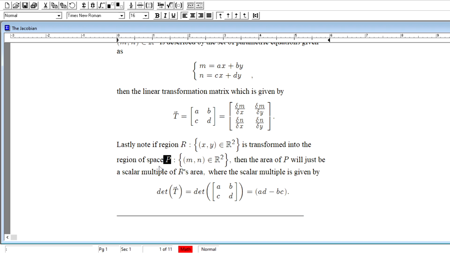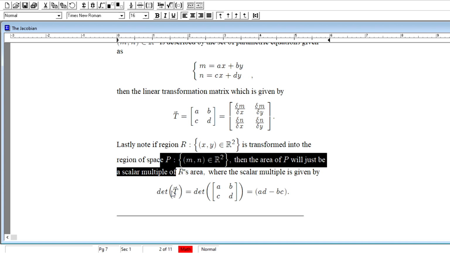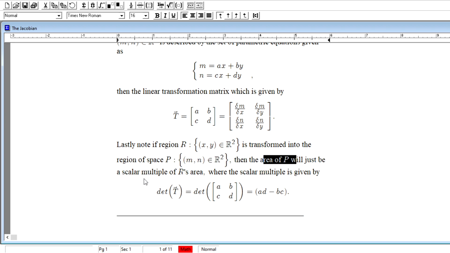The area of P will just be a scalar multiple of R's area, where that scalar multiple is given by this quantity known as the determinant of T.